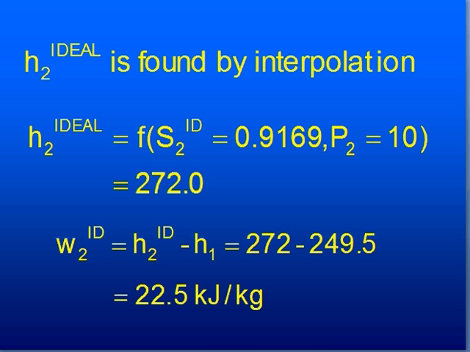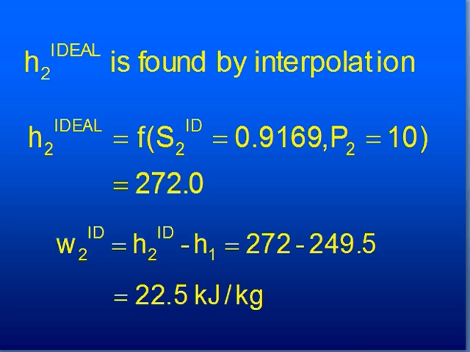Calculate the work per mass. That's the outlet enthalpy minus the inlet enthalpy, be the work. Simple energy balance would be 22.5 kilojoules per kilogram. Now, before you move on, let me ask you, is the work that's done actually more or less? Here we're doing work, so the ideal work is 22.5.